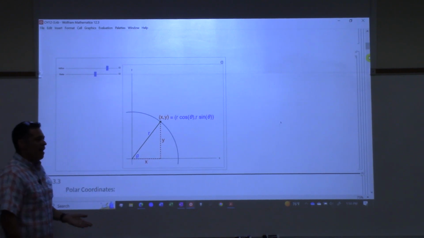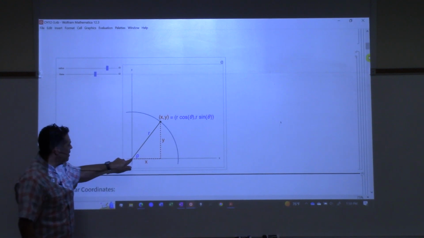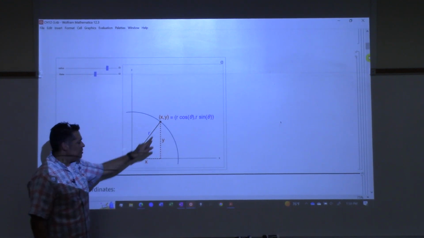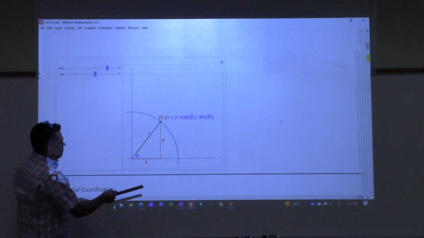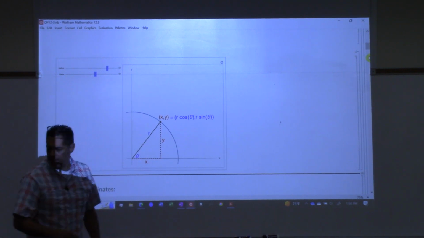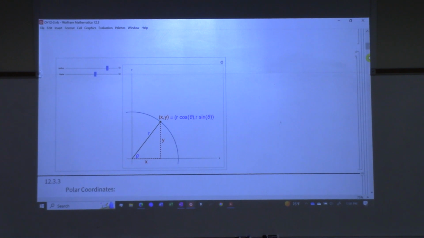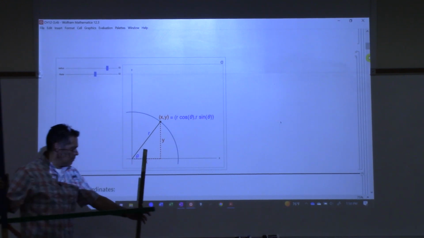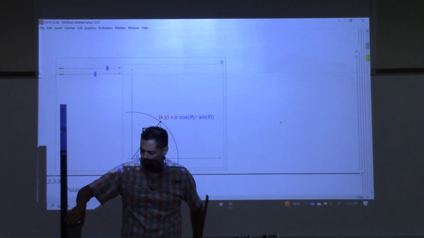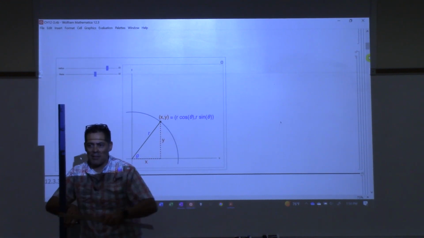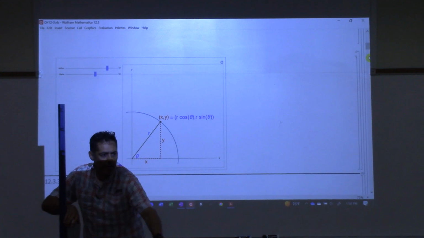But there's another way I can tell you to get from the origin to that point that doesn't require me telling you an x and a y. Imagine you're standing right here at the origin, and you're looking out the x-axis. I want to get to a point on the xy plane.